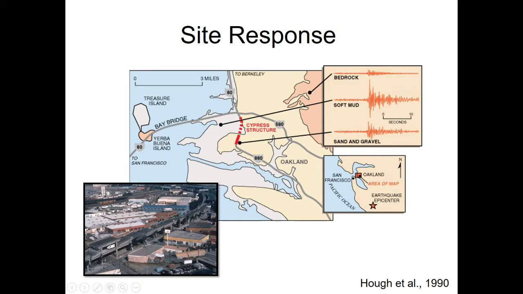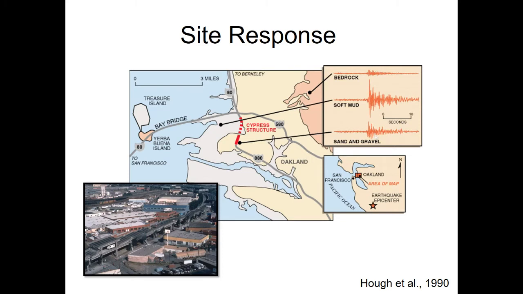And then around the bay, there are very soft sediments. So this illustrates the textbook idea of site response. I installed portable seismometers in the hills, so on bedrock, versus alluvial sediments, versus very soft sediments by the bay. And you can see this is an aftershock 80 kilometers away, so essentially the same distance, but you can see how much stronger the shaking is on the soft sediments, and intermediate on the alluvial sediments.